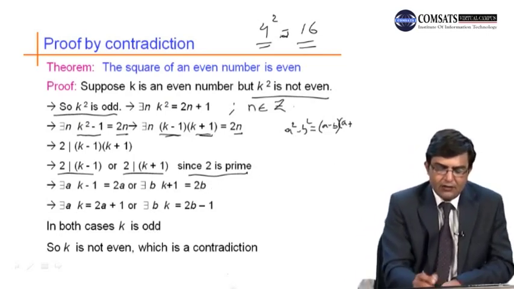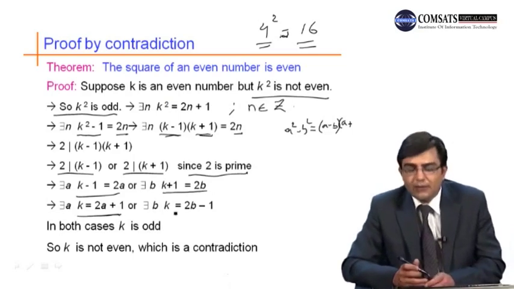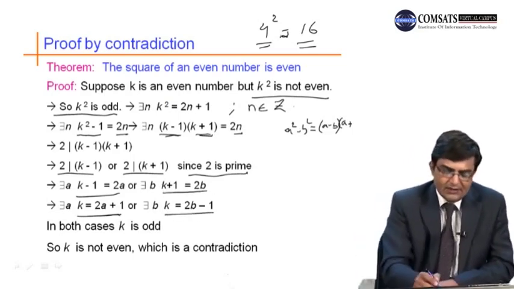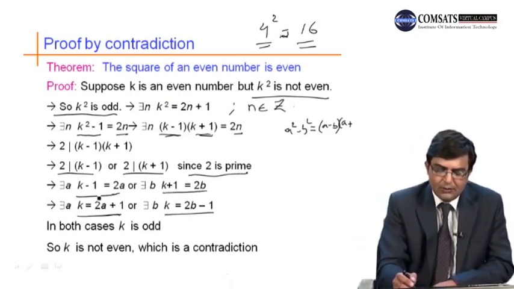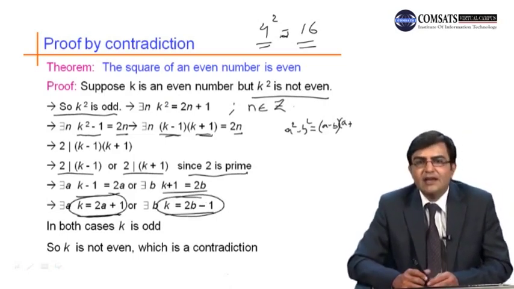So from here we can write k is equal to 2a plus 1. From here we can write k is equal to 2b minus 1. What does it mean? k is equal to 2a plus 1, k is equal to 2b minus 1, where a and b are some integers.